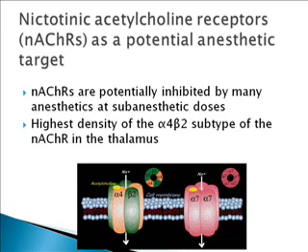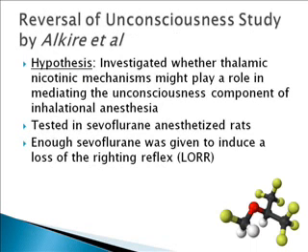Second, the alpha-4 beta-2 subtype of the nicotinic acetylcholine receptor has its highest density of expression in the thalamus, suggesting that the localized decrease in regional thalamic activity seen in anesthesia brain imaging studies might be due to a regionally localized antagonism of nicotinic acetylcholine receptors, and might really be a reflection of a localized direct action of anesthetics on the thalamus and not just a secondary reduction caused by decreased corticothalamic activity.